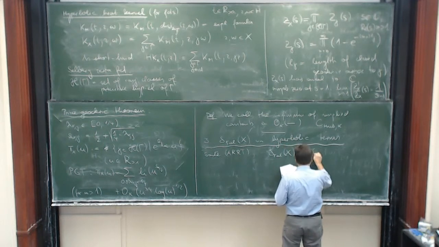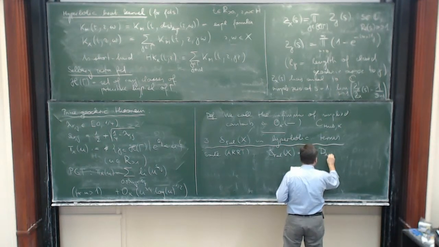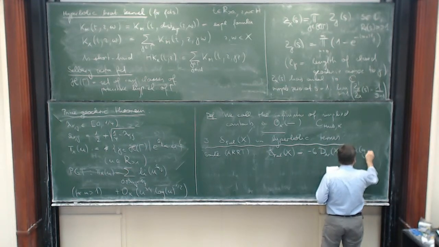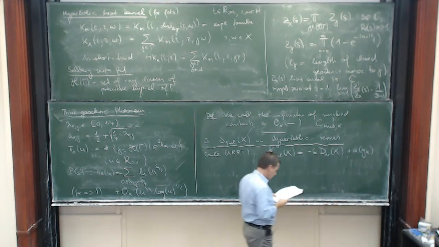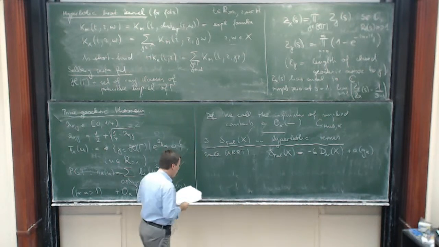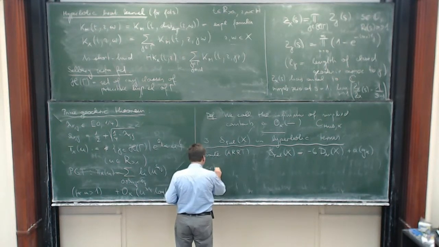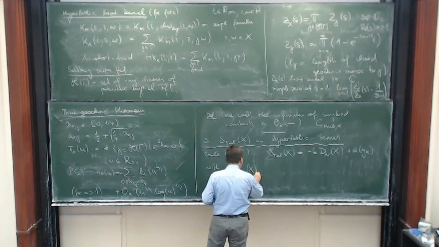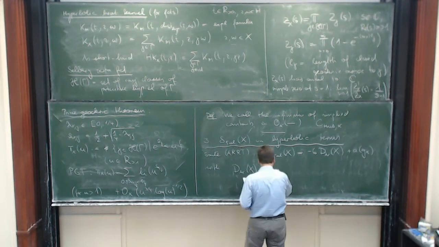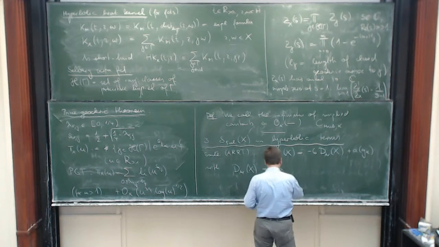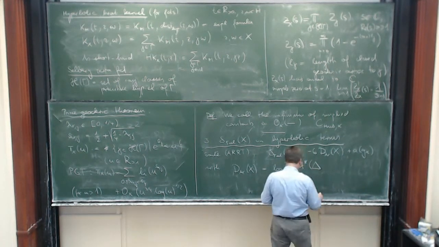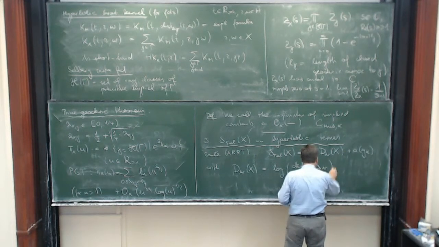So it's minus 6 times d Arakelov of x plus a quantity depending on the genus of x. And here the quantity d Arakelov of x is nothing but the normalized regularized determinant of the Laplacian associated to the Arakelov metric.